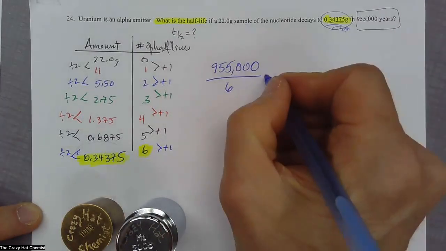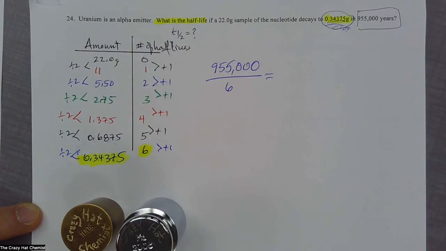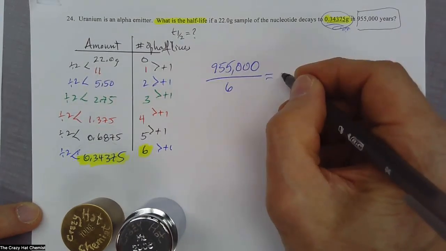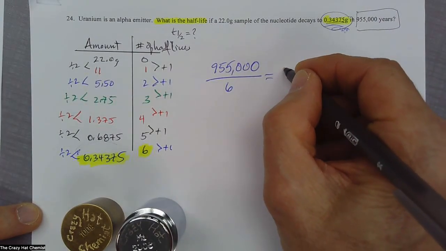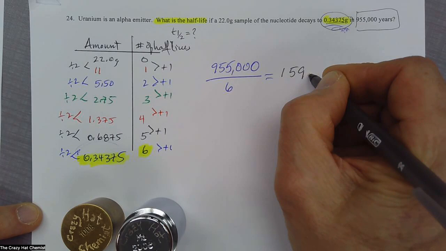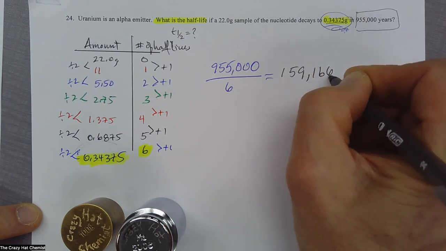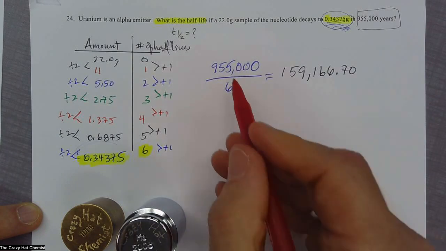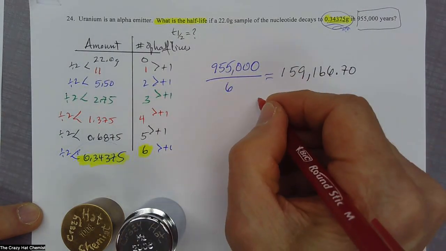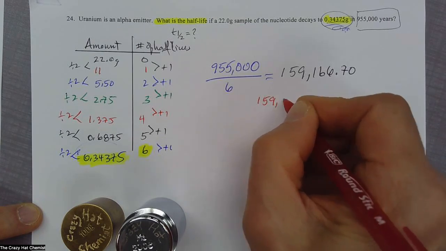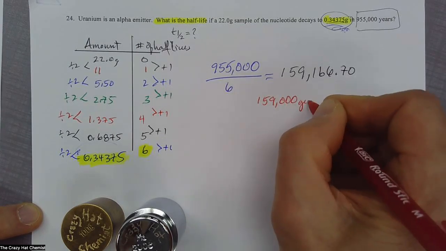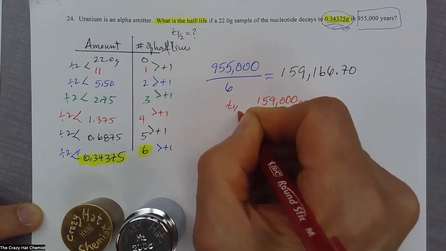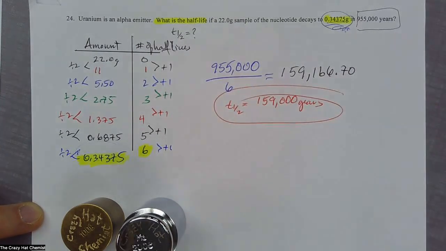So if that's the case, then I need to figure out what the interval is. So if I take this and I divide by 6, 159,166.007. I'm going to round this to 3 significant figures, so that would be 159,000 years is the t of 1/2. That is the half-life. That is the answer.